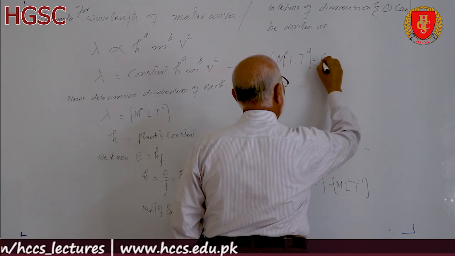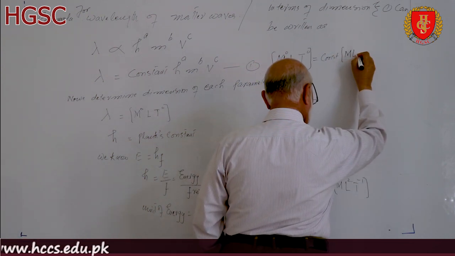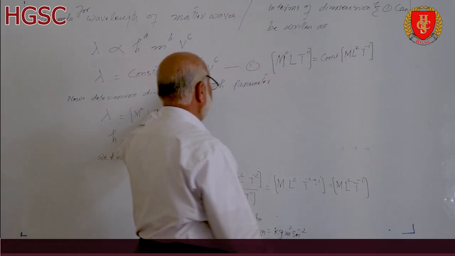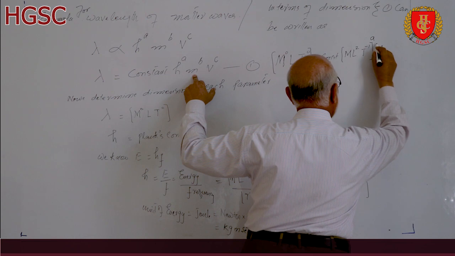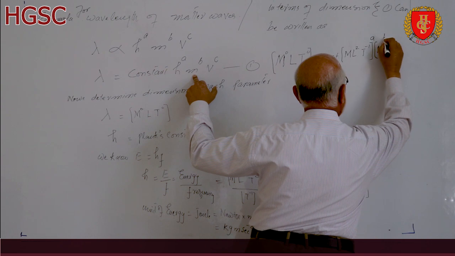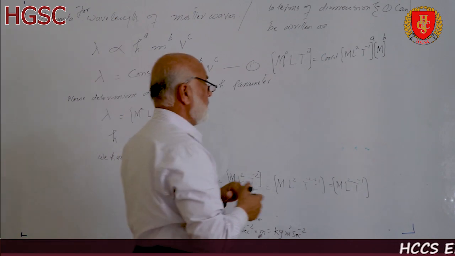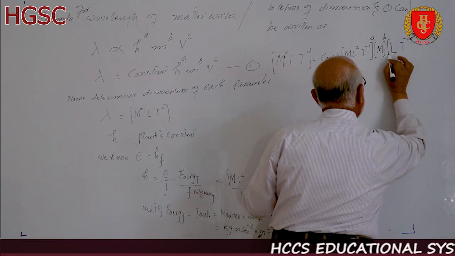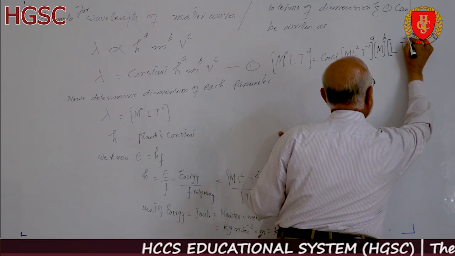Then the constant, or the dimension of h is M L square T minus 1, the dimension of mass M having power a, and power b, and v is the velocity having units meters per second. This is the dimension of velocity having power c.